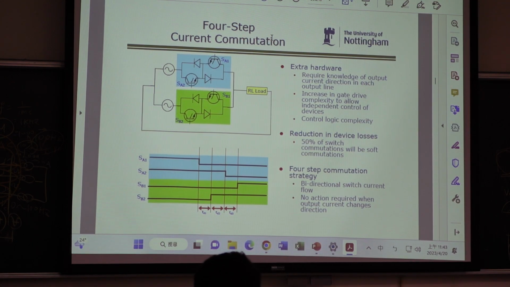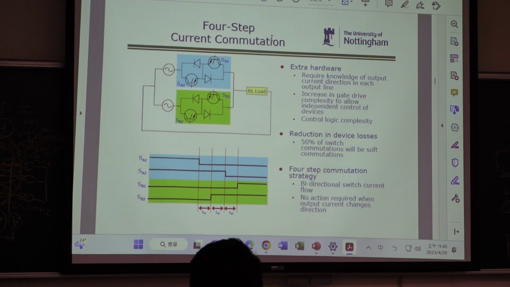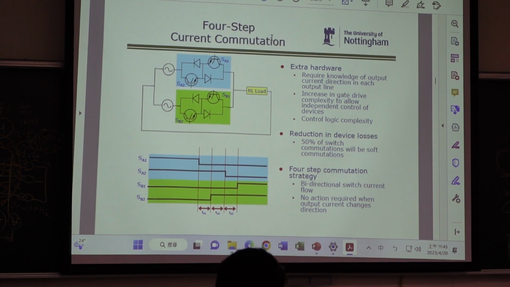And then I turn on SP1, but the current goes this way. I turn on this one, but it is useless. But I can turn it on, right?